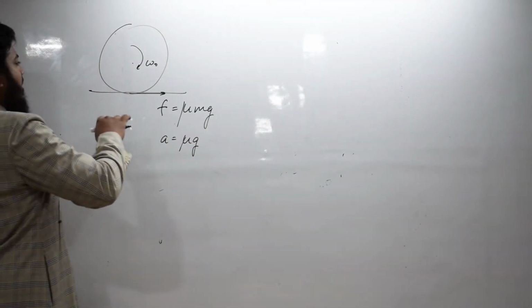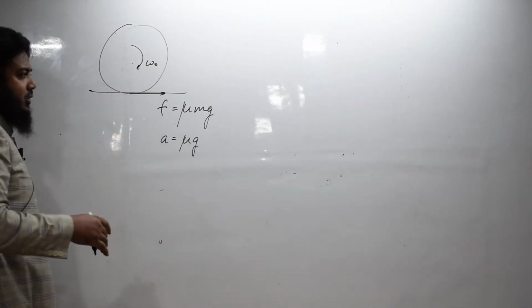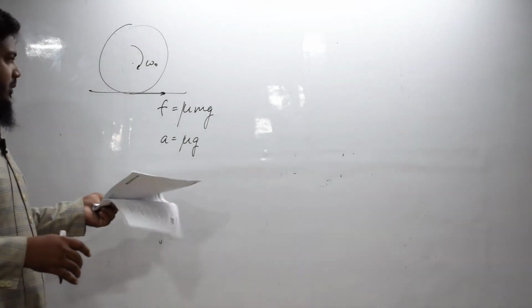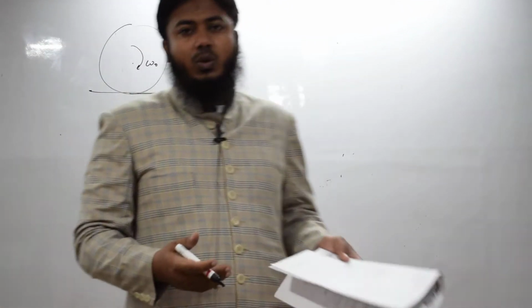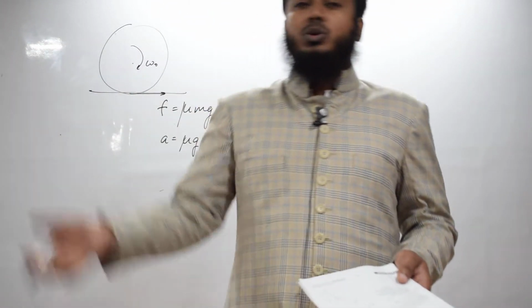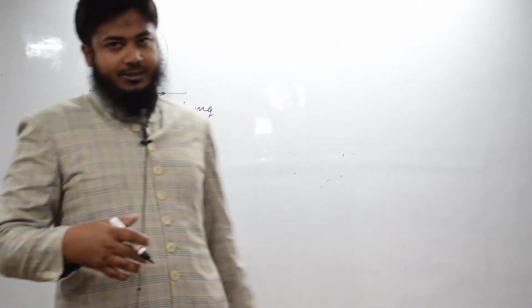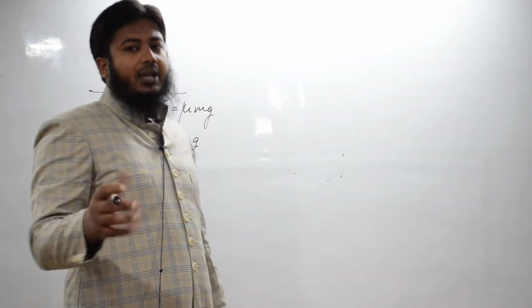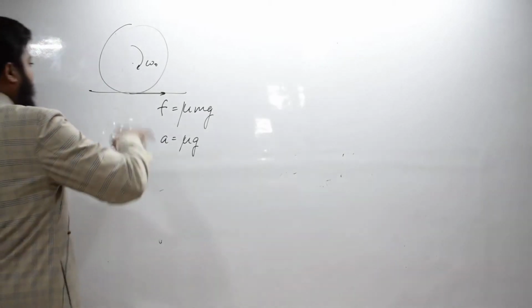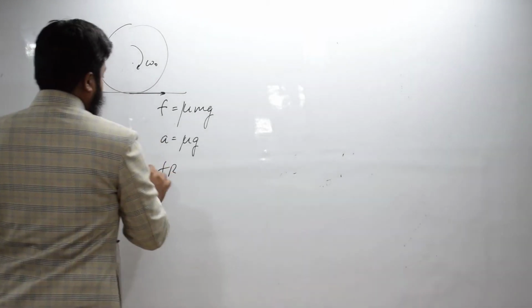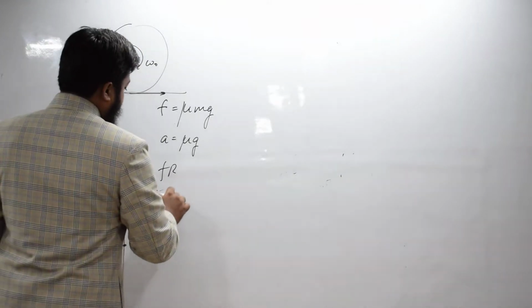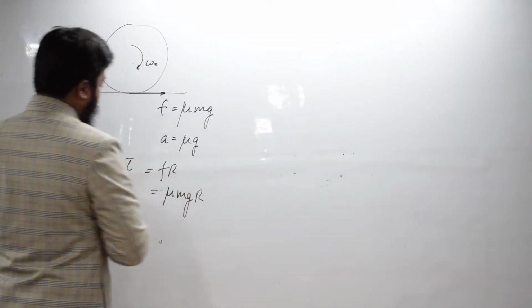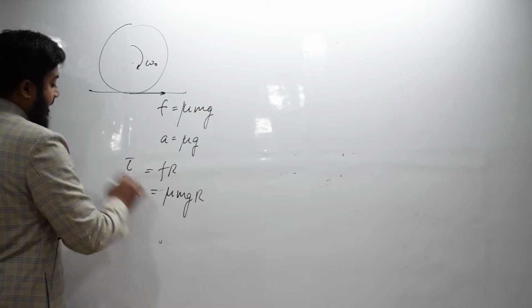You can see the rotation is clockwise and the torque produced by the frictional force is anti-clockwise. So, the torque due to frictional force is causing an angular deceleration. Now, torque due to the friction is F r, F is equal to μmg, so μmg times r, and torque is equal to I alpha.